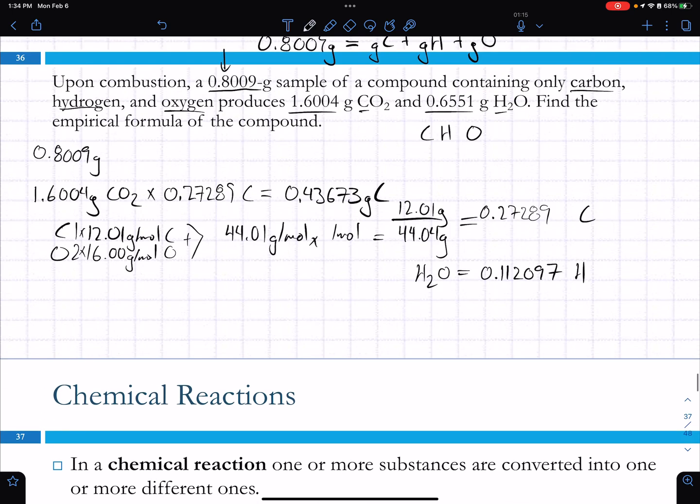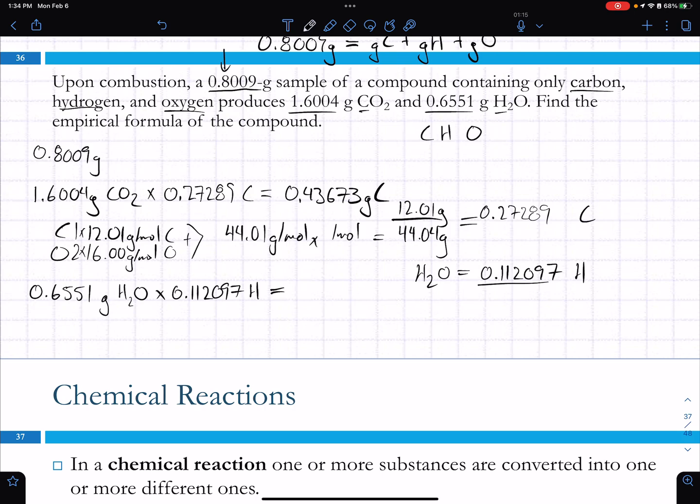Now for the hydrogen in water, it's going to be 0.6551 grams of H2O, and we multiply that by our proportion for water, the proportion of hydrogen in water, 0.112097.